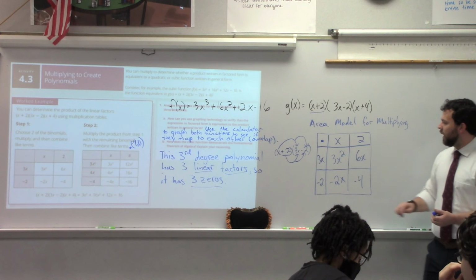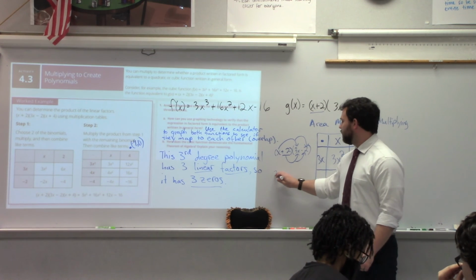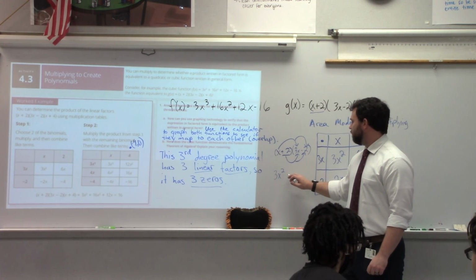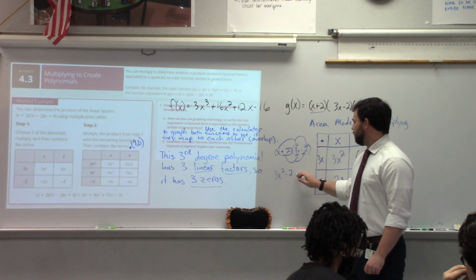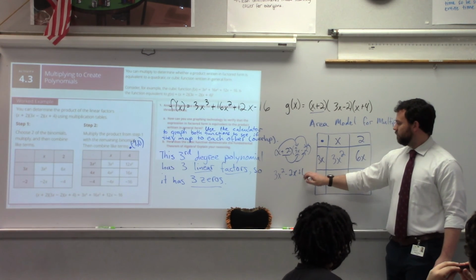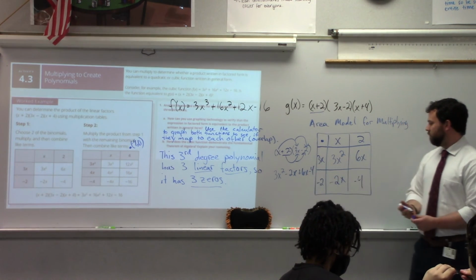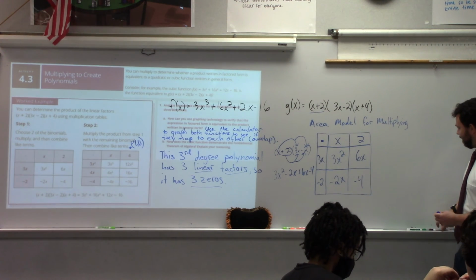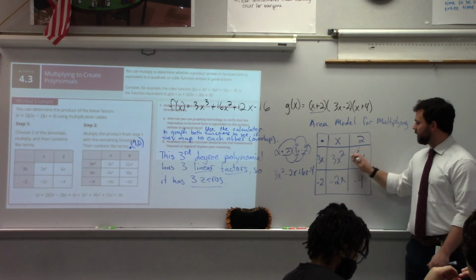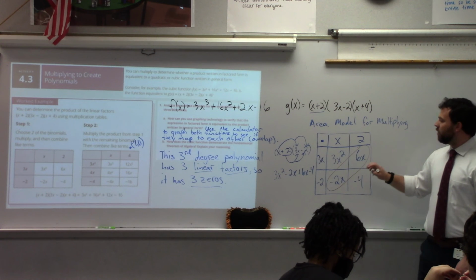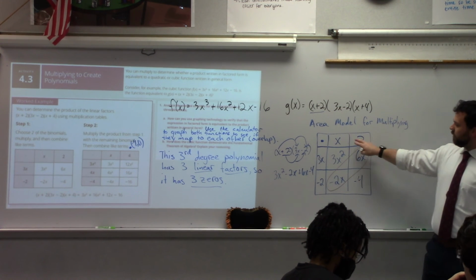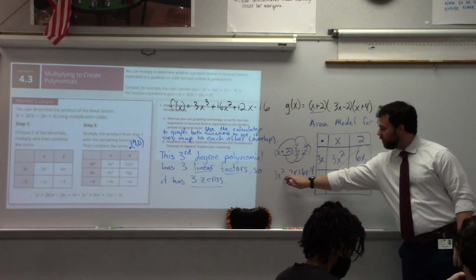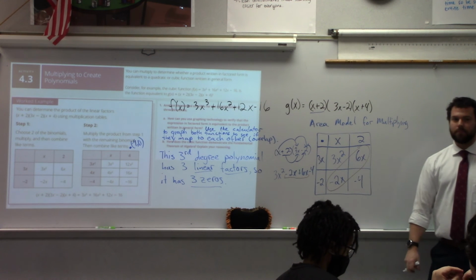And then we want to recognize those like terms. Are there any like terms here? Negative 2x and 6x. Now you have to be careful and remember, we multiply the binomials, but for the like terms, what are we doing?